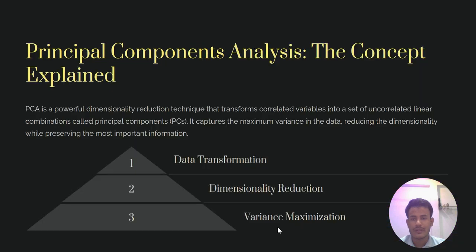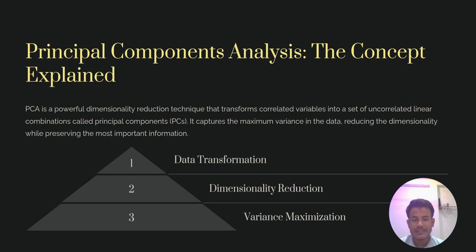Let's move to the next topic. So, principal components analysis, the concept explained. PCA, which means principal component analysis, is a dimensionality reduction technique that transforms correlated variables into a set of uncorrelated linear combinations called principal components (PCs).